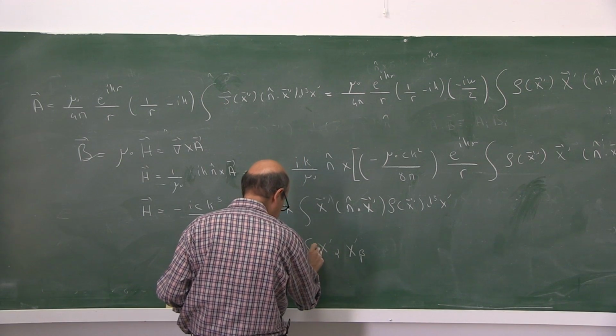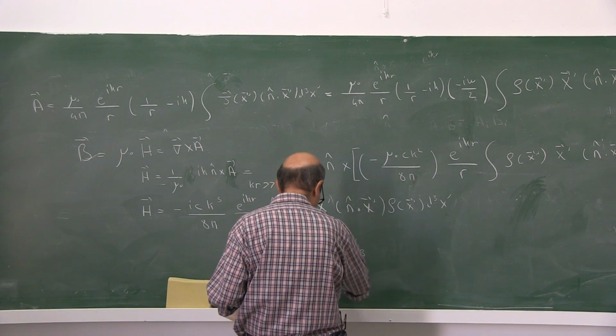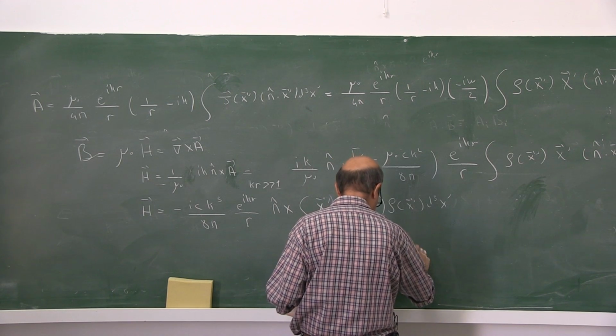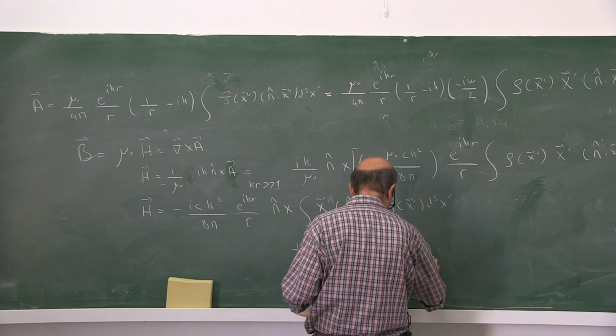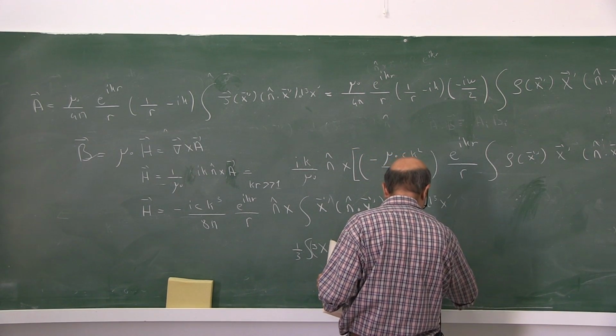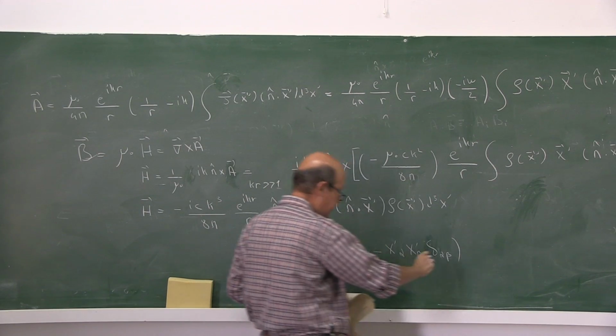Multiply this by 3, divide by 3, okay, and subtract a term, x prime alpha, x prime beta, Kronecker delta alpha beta. What is left? n beta is left.